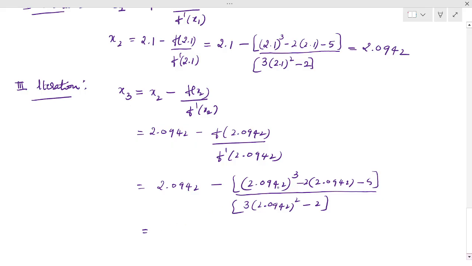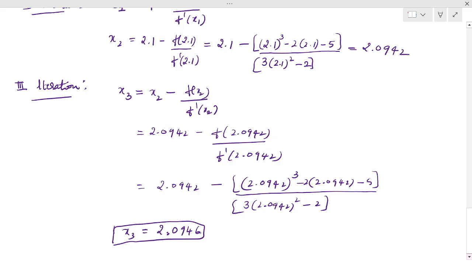As I told you in the second iteration, you calculate these separately, then divide, and whatever value you get, subtract from 2.0942. Here you will get 2.0946. This is x3.